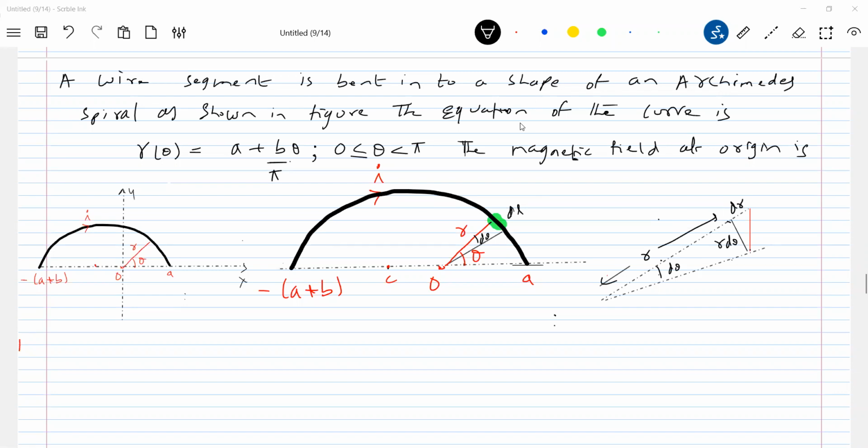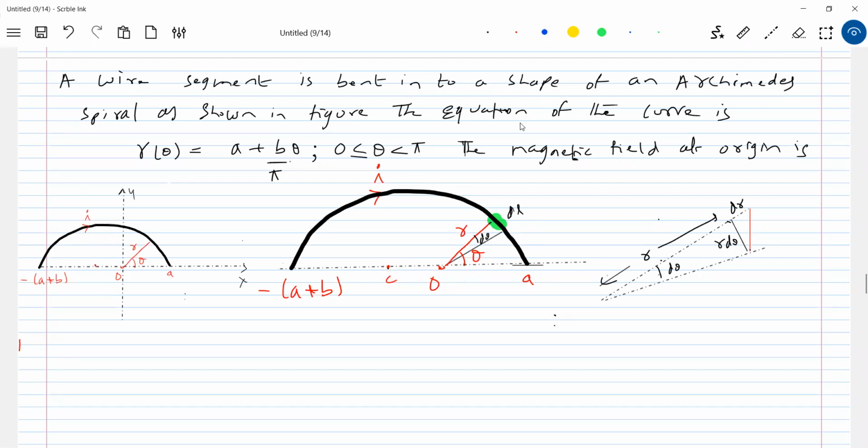Because as you move, what happens to the length? R equal to a. As you move, what should happen to r? The radius should increase. With respect to O. With respect to C, it will be the same. Able to make it out?